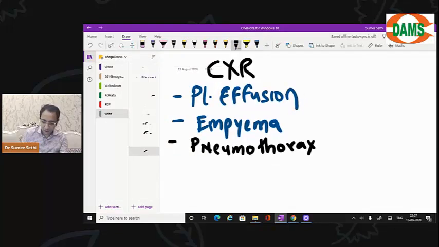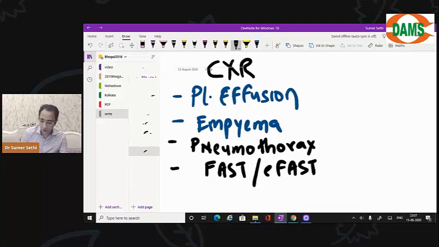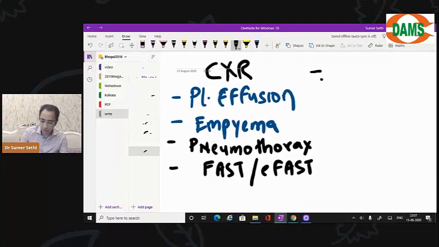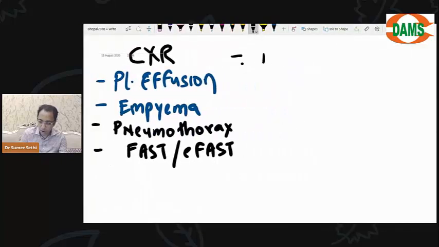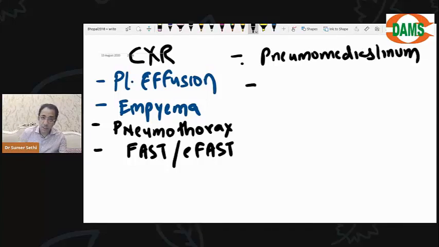And not only that, we also learned about what is FAST, E-FAST. And after that, if you remember, we learned about what is pneumomediastinum. Are you able to recall all that? Pneumomediastinum, continuous diaphragm sign, we saw the Naclerio's V sign.